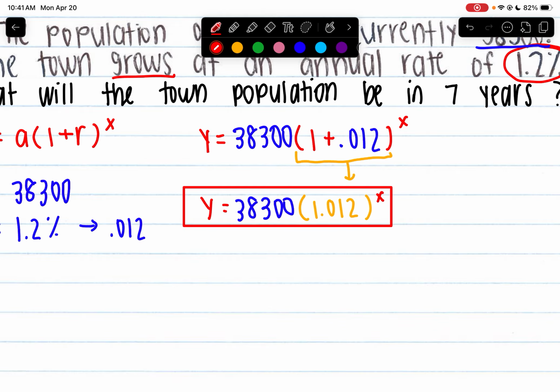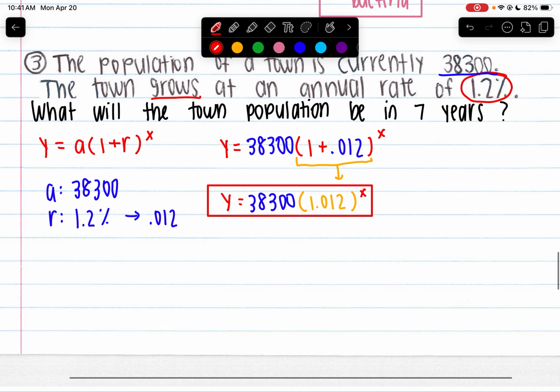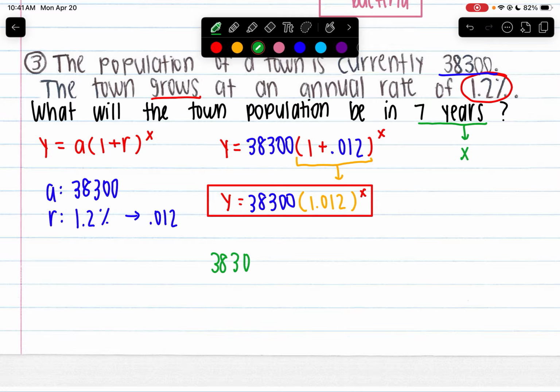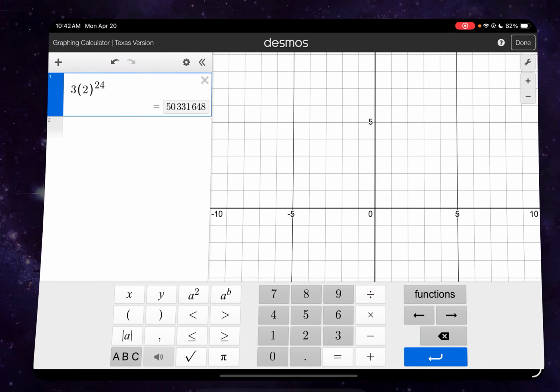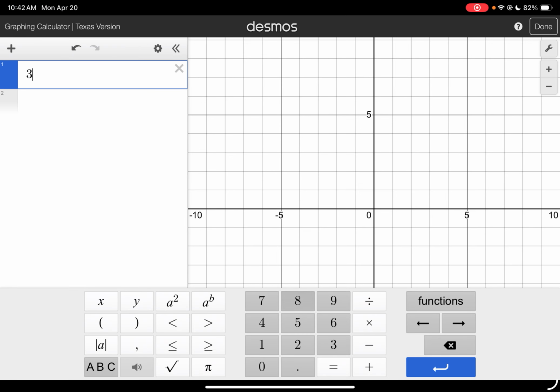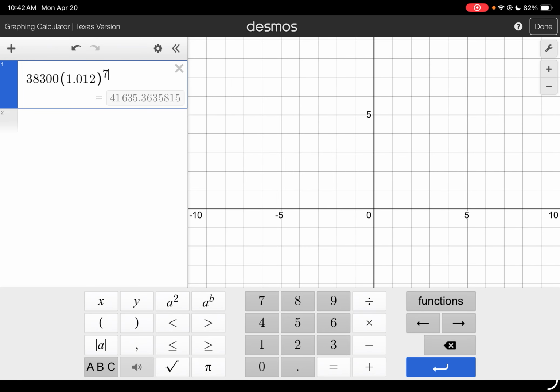Okay. Now, the question is, what will the town population be in 7 years? Now, 7 years is time. We're going to plug that in for x. So we have 38,300 times 1.012 to the power of 7 years.